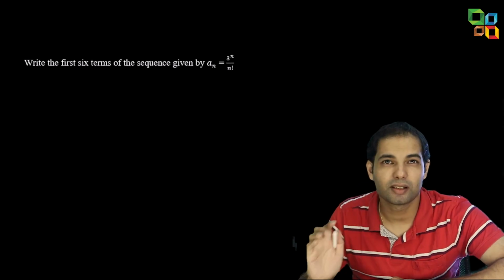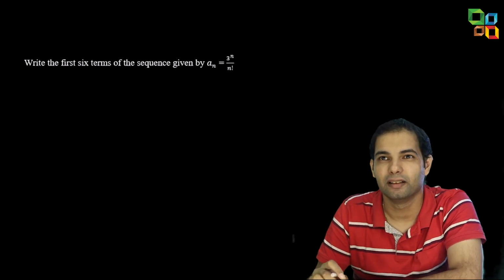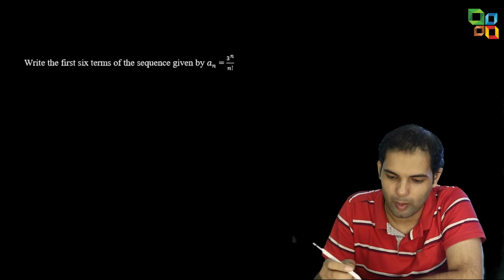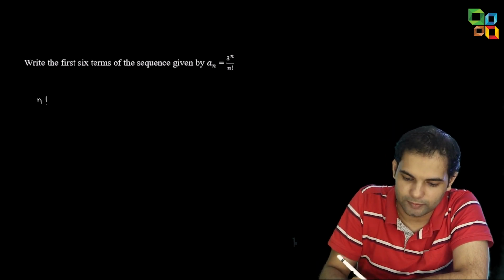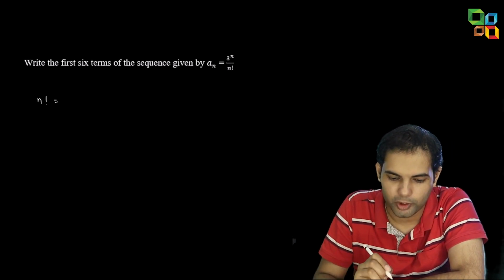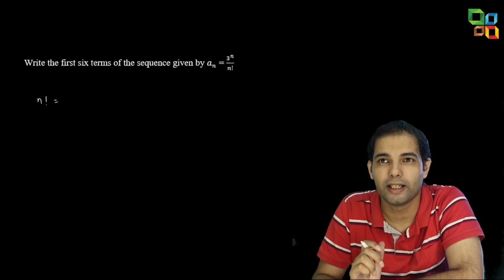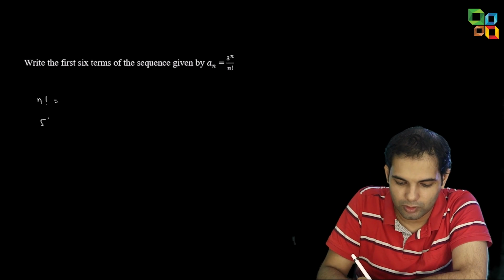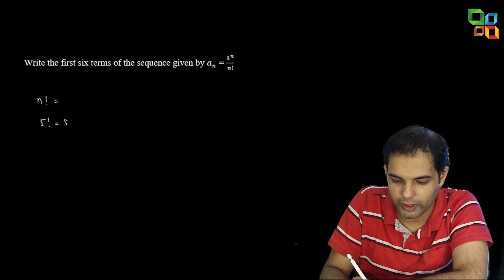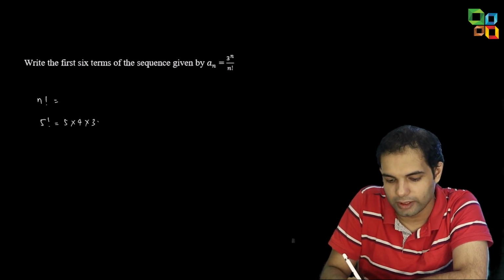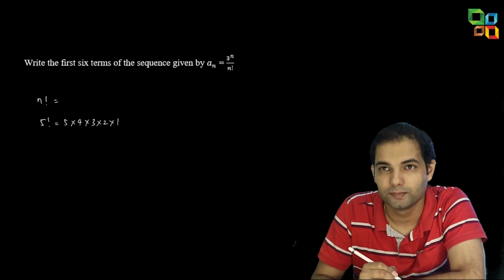Let me tell you in simple terms. I don't want to go into detail. It's there in permutations later, I think. N factorial is nothing but the product of all the numbers from 1 to that number. Example, 5 factorial is nothing but 5 into 4 into 3 into 2 into 1.